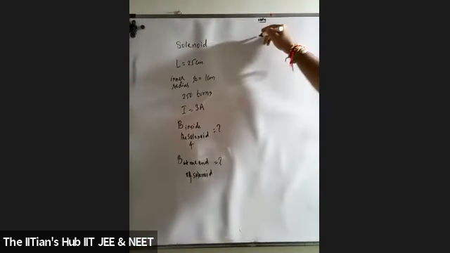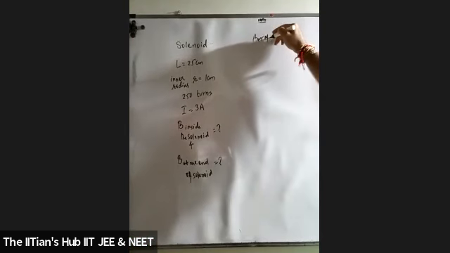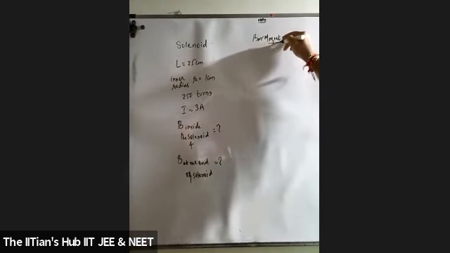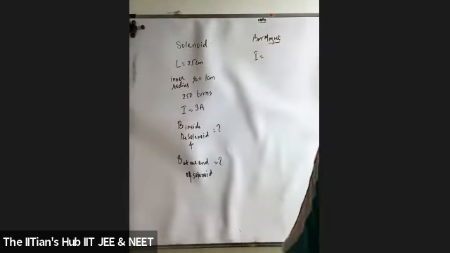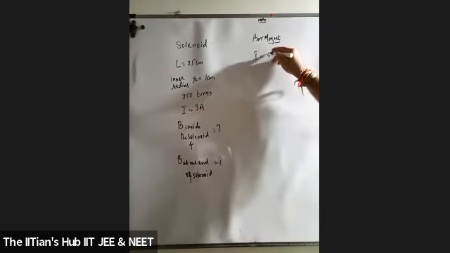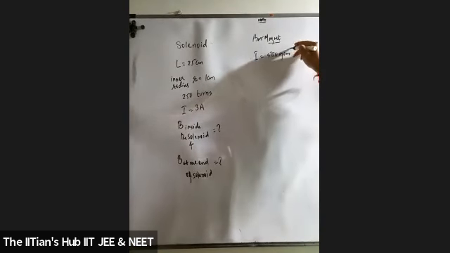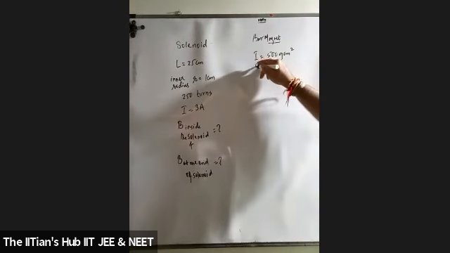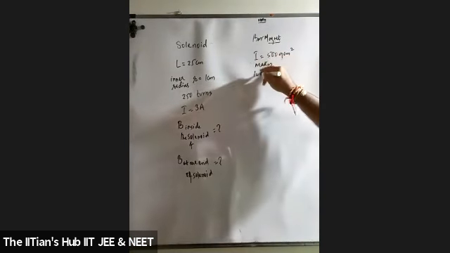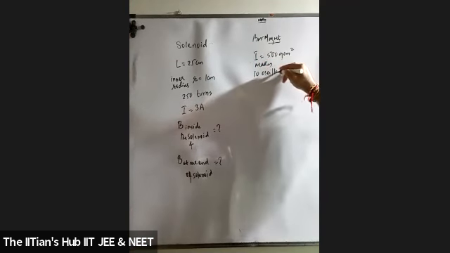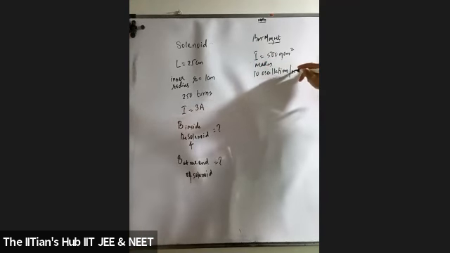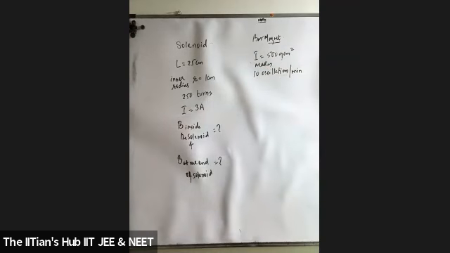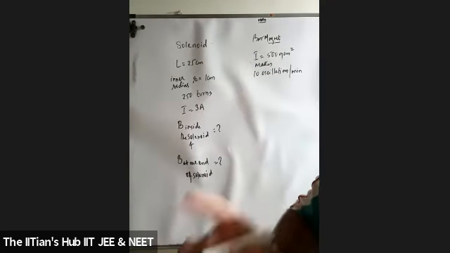A bar magnet of moment of inertia 500 grams centimeter square makes 10 oscillations per minute in a horizontal plane.